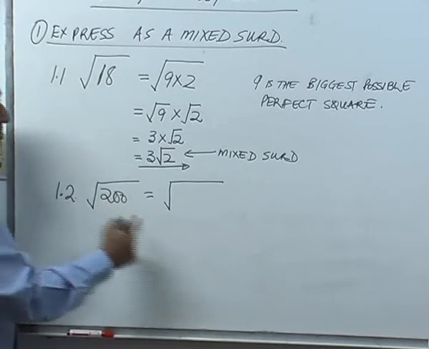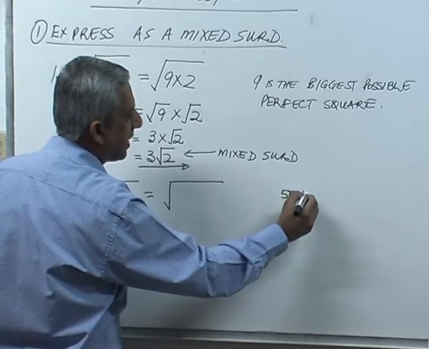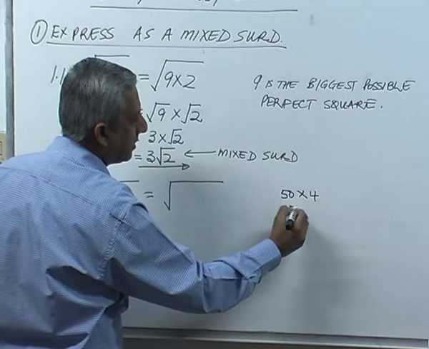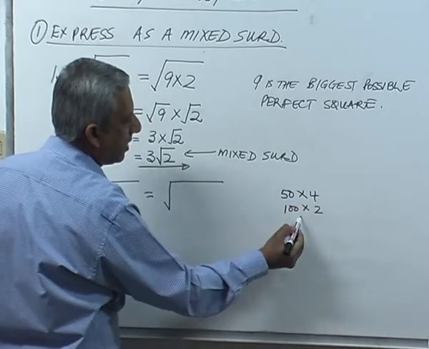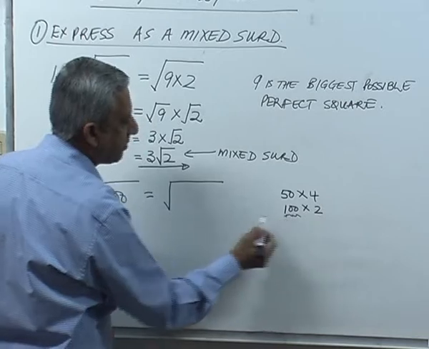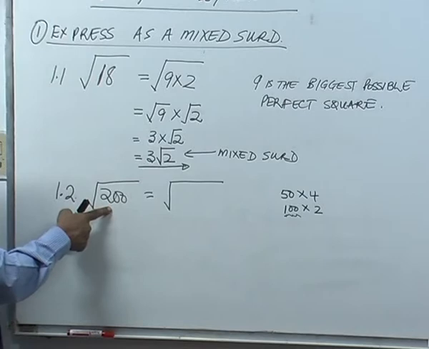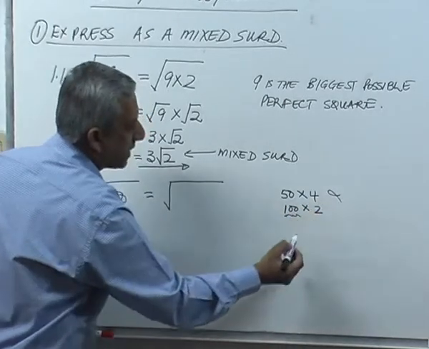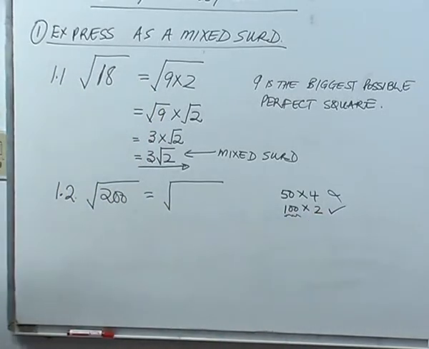Now you've got lots of choices. 200 is 50 times 4. 200 is 100 times 2. But you see, 100 is the biggest possible perfect square inside 200. Therefore, we will not use 50 times 4. We are going to use 100 times 2.